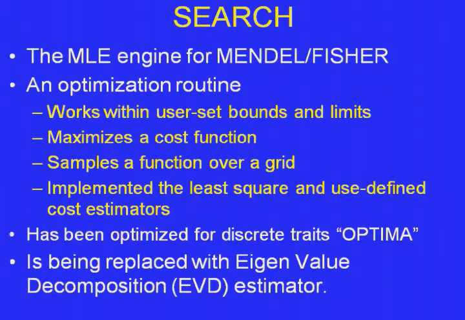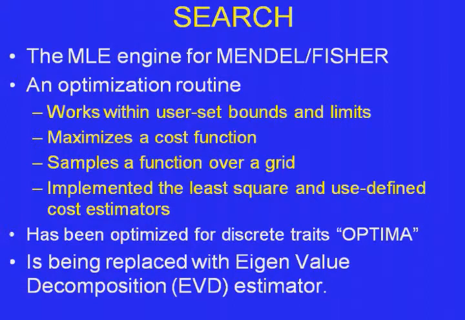So SEARCH is the original maximum likelihood estimator engine for Mendel and Fisher. This is a very classical and very powerful optimization routine which worked with user-set bounds and limits and maximizes a given cost function. So it samples a function over a grid, and cost functions can be implemented as either least square or user-defined cost estimators.